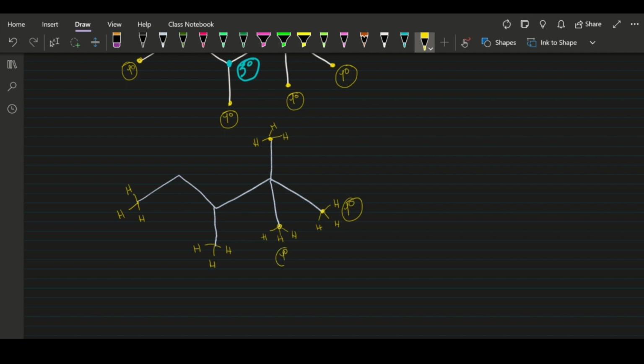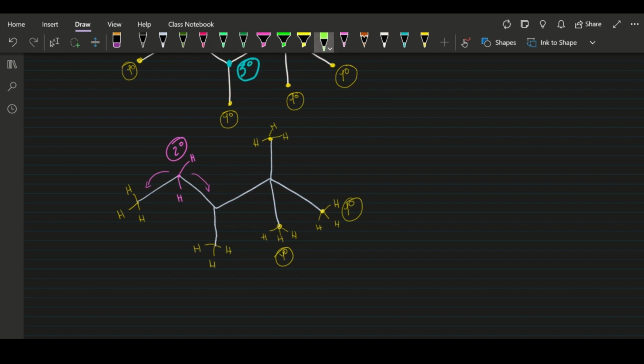Now let's look at this secondary carbon here. These hydrogens are also going to be secondary because their carbon is connected to two other carbons.